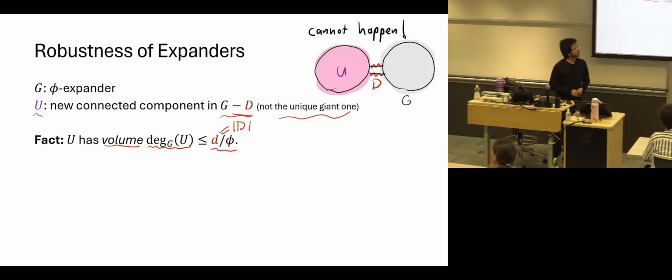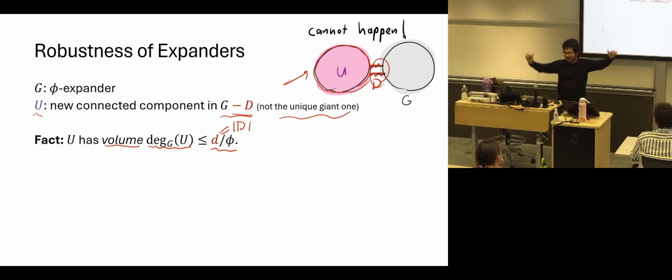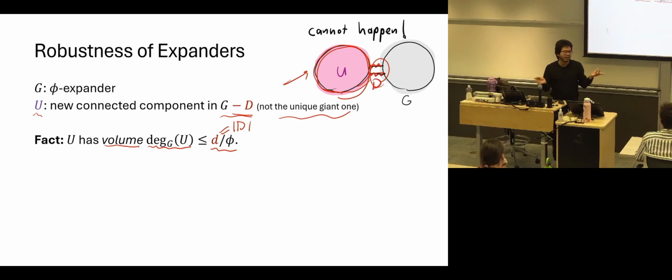So this kind of scenario cannot happen: if I delete just 2 edges, it splits the graph into 2 balanced parts, so that U is really big. I want to say that this kind of thing cannot happen.